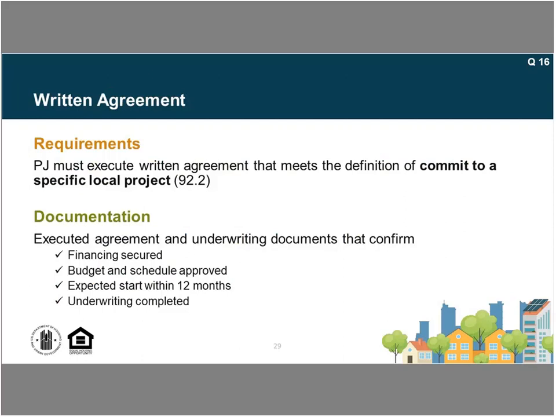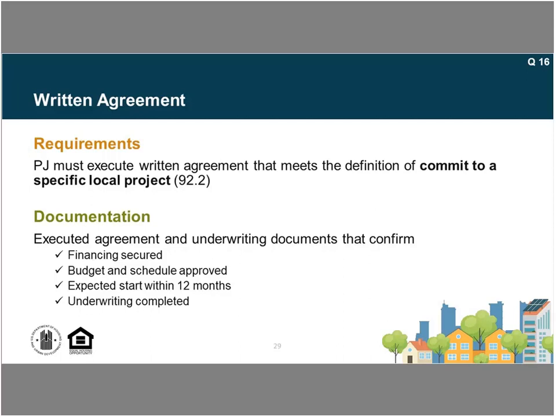On CHDO project eligibility, I'm going to start with something that should be very familiar to you, and that is that there's always a written agreement required. In the previous sections we talked about the 4 cornerstones of HUD management of programs: the regulations, policies and procedures, written agreements, and IDIS.